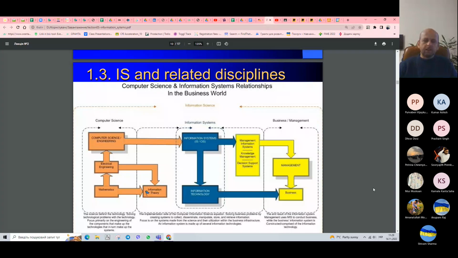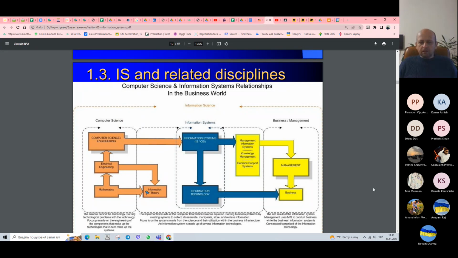And here we can see the information system and related disciplines. We can understand from computer science, engineering, electrical engineering, mathematics, information theory, information system, and business management.